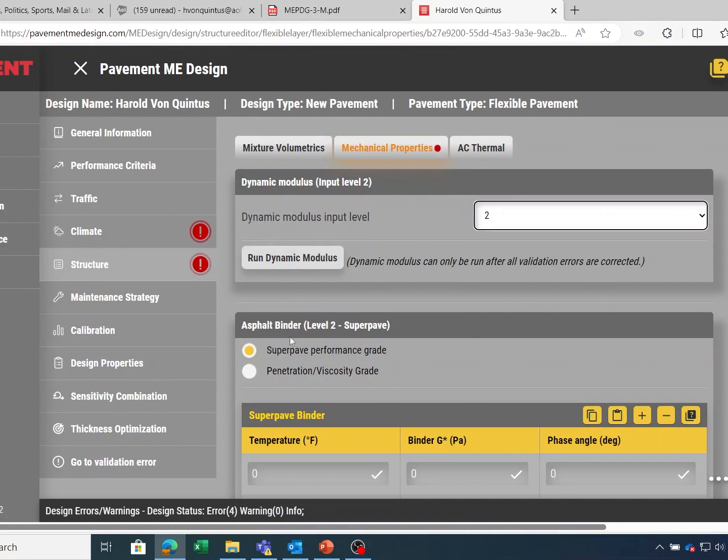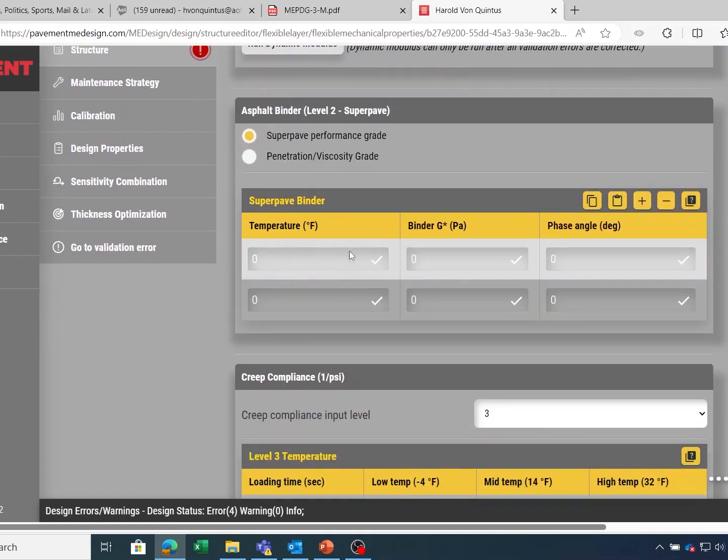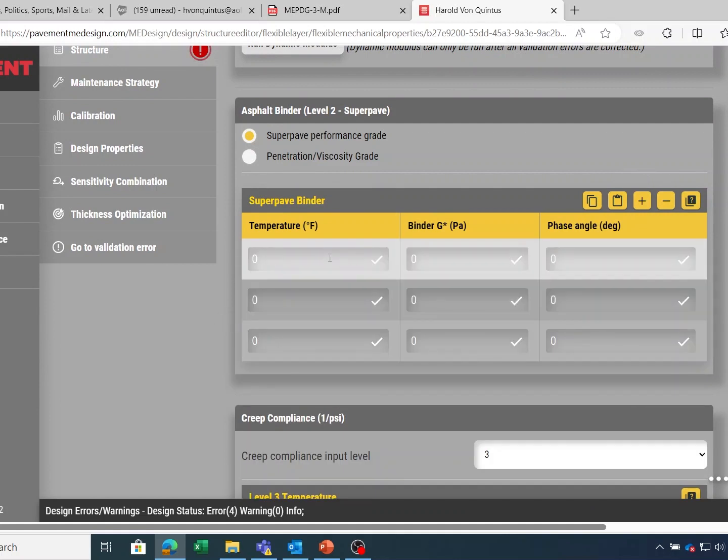Input level 2 is very similar, where the dynamic modulus is being calculated by the program using the Witczak dynamic modulus regression equation. The difference is we're entering the binder data, either based on Superpave performance grade or penetration viscosity grade. For the Superpave performance grade, more than one temperature can be entered.